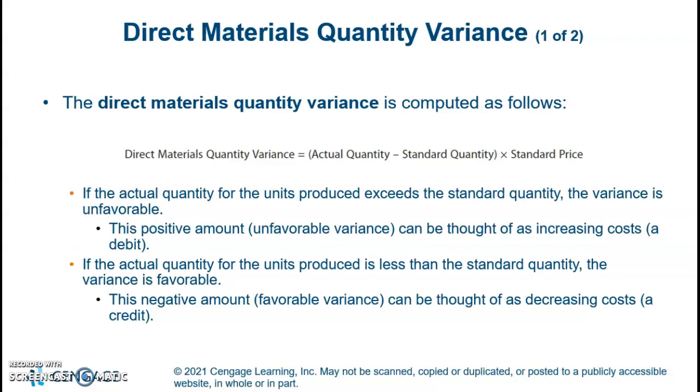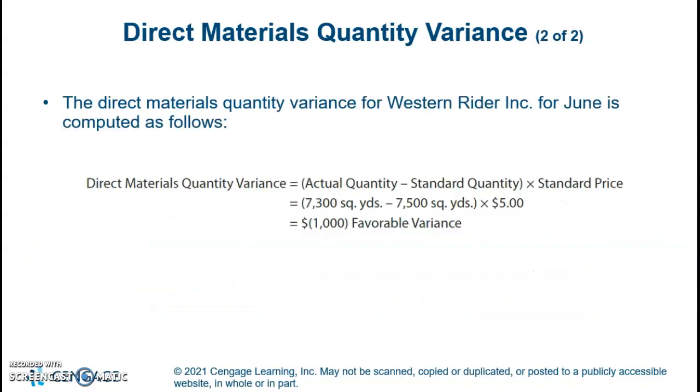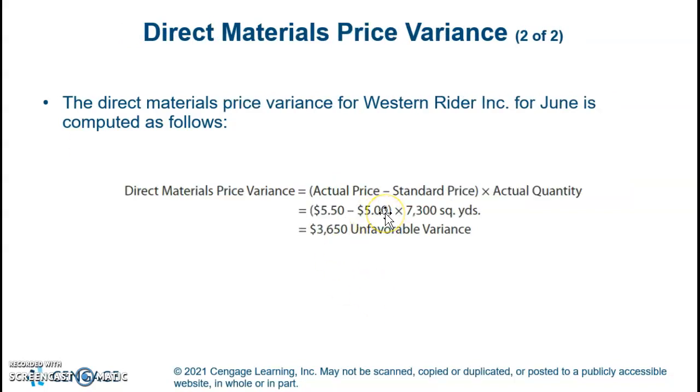Okay, now we're going to do the same thing for the direct materials quantity variance. It's going to be the actual quantity minus the standard quantity times the standard price. So remember, in price variance, we did actual price minus standard price, and then we multiplied by actual quantity.